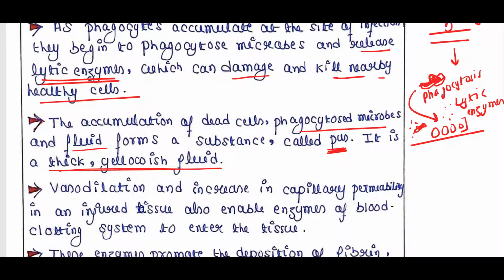And vasodilation and increase in capillary permeability in an injured tissue also enable enzymes of the blood clotting system to enter the tissue. Because we know that vasodilation occurred and capillary permeability increased, they allow some cells and some fluid to enter the site of infection from the blood capillary.